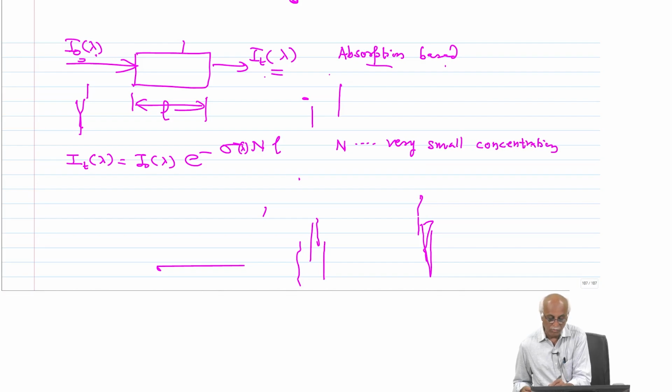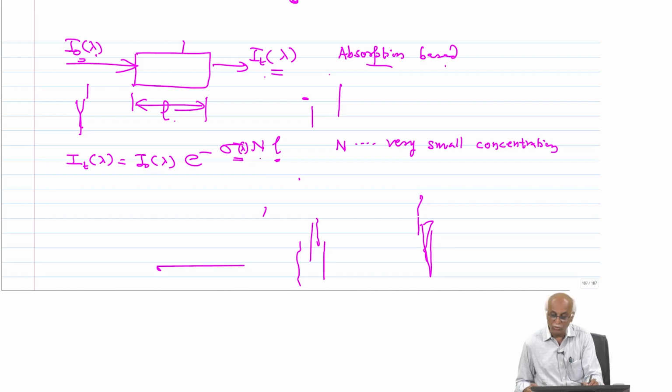So, now we know for a particular absorption species with a particular wavelength, what we select, sigma is fixed, and L is the length of this cavity, which is one parameter, but for a given cell it is fixed.